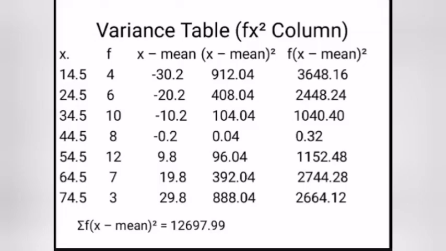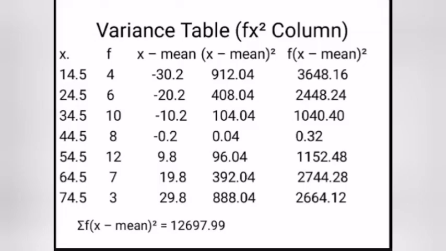So what we're going to do now is x minus mean. The first one is 14.5 minus 44.7, that gave us minus 30.2. Then 24.5 minus 44.7 is minus 20.2. Then 34.5 minus 44.7 is minus 10.2. Then 44.5 minus 44.7 is minus 0.2.